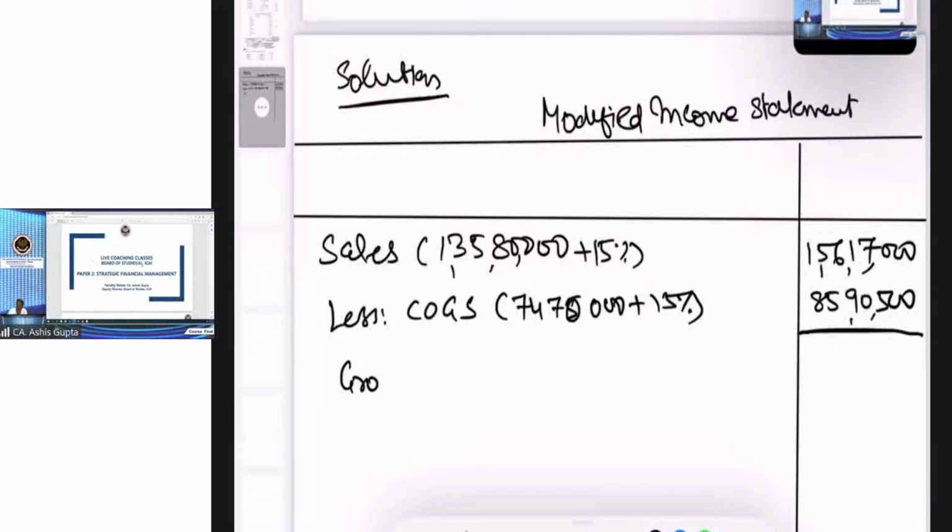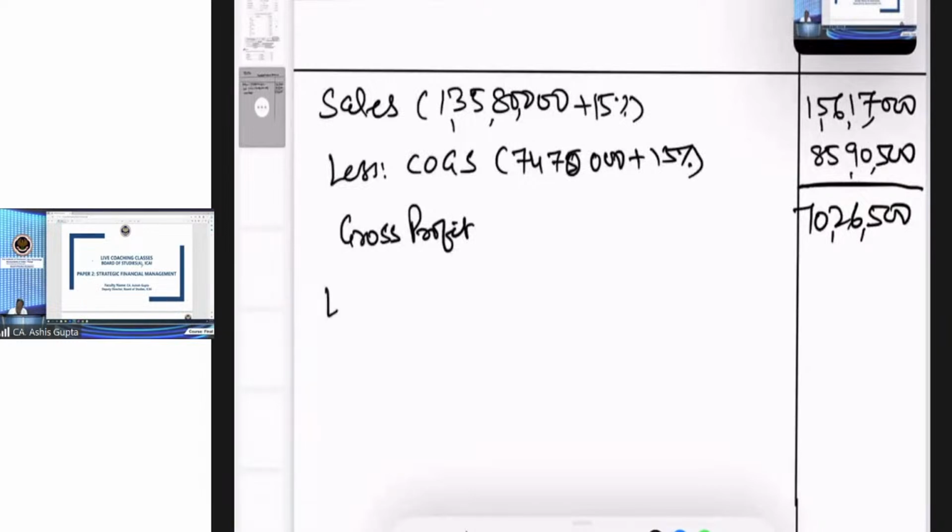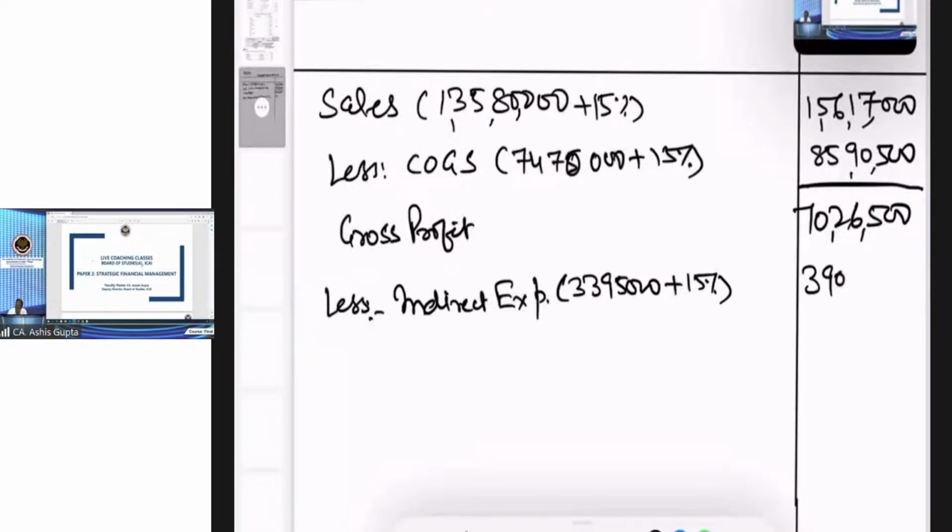Okay, so this will be our gross profit. Indirect expenses. Okay, student, so this will be our EBIT.